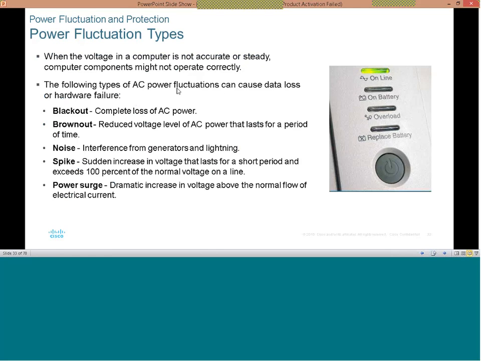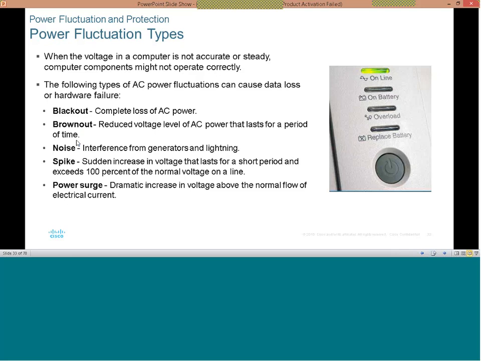The following types of AC power fluctuation can cause data loss or hardware failure. For example, blackout: complete loss of AC power is called a blackout. That's the terminology for when you have a complete loss. And brownout is a reduced voltage level of AC power that lasts for a period of time.